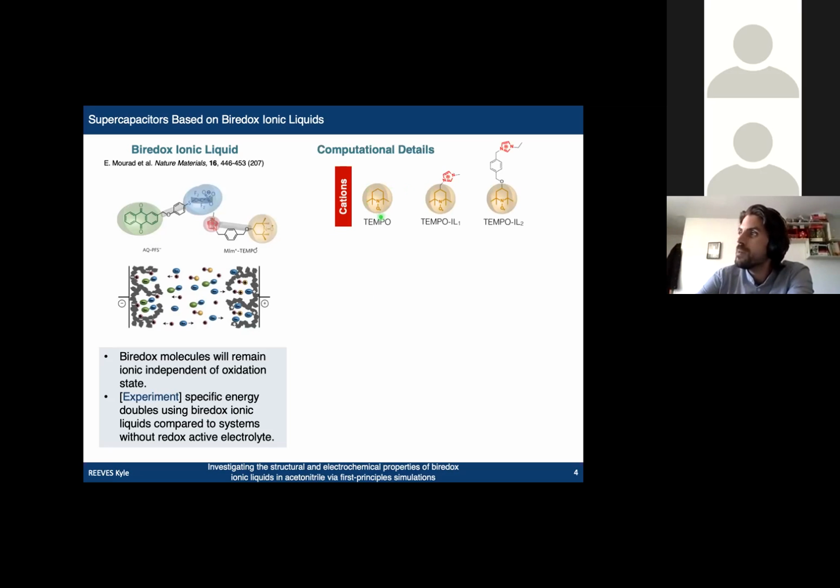We see TEMPO, for example, the isolated electrochemically active molecule, and then two which have the ionic liquid covalently attached to it, for example, to explore the effect of this covalent linkage on the electrochemical properties, the potential at which the electron transfer occurs. And here are the anions as well, similarly having the isolated ionic electrochemically active moiety and the linked version with the ionic liquid.